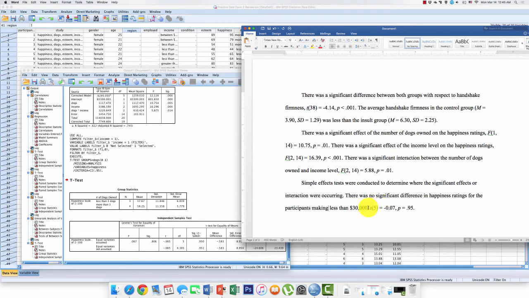For the participants either owning less than or more than 3 dogs and making less than 30,000.